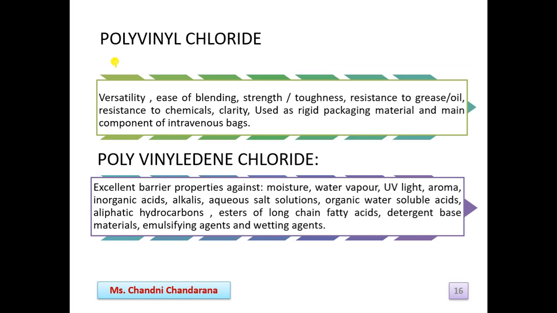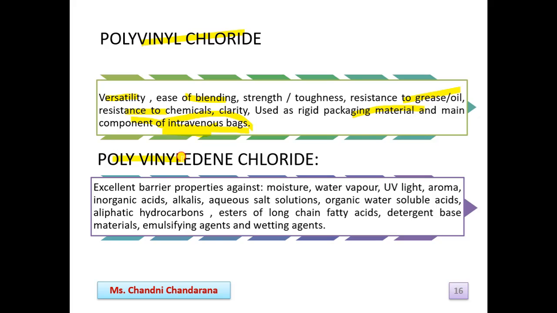Now the next is polyvinyl chloride. It also has versatility, ease of blending, it provides strength, resistance to grease or oil, resistance to chemicals, clarity. It is used as a rigid packaging material and main component of intravenous bags. It is used to pack for intravenous, as a bag.